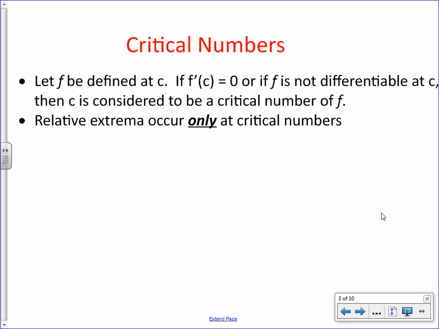So I like to say the derivative is 0 or undefined. Okay, so we consider that a critical number or a critical point. Okay, where we have these critical numbers, this is where we're going to have our relative extrema. Okay, or I guess I should word it as our relative extrema occur only at critical numbers.